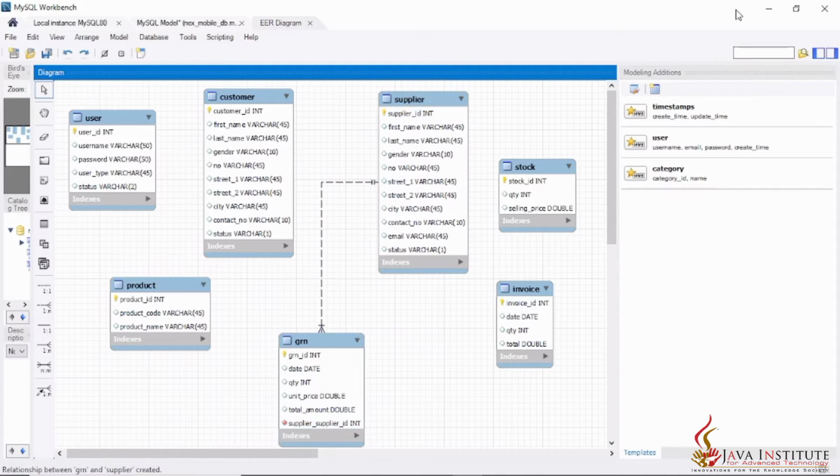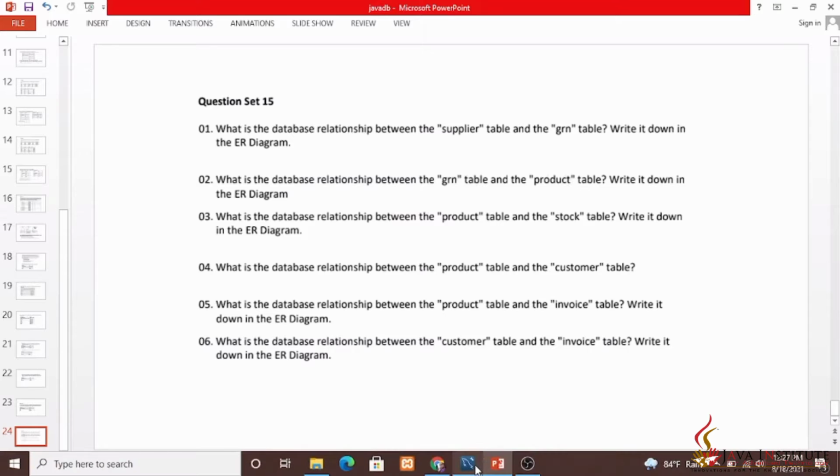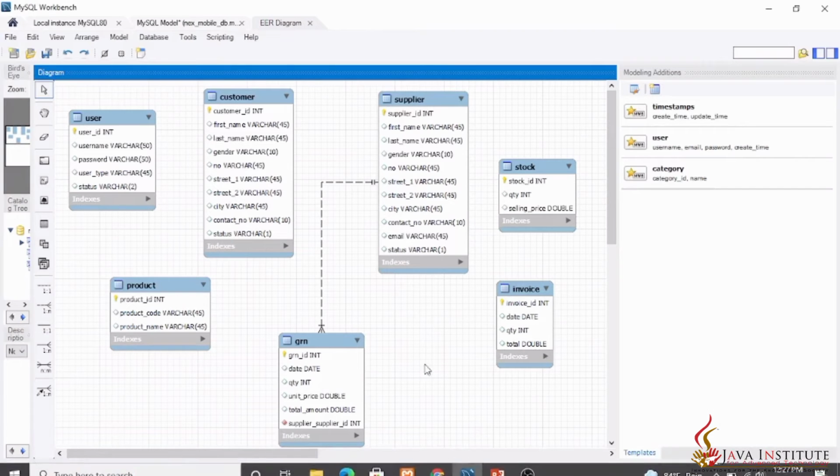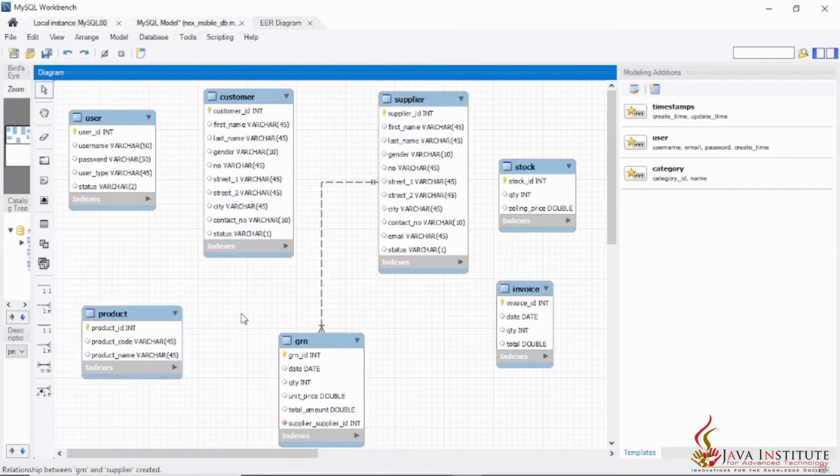So let's look at the next sub-question. What is the database relationship between the GRN table and the product table? Write it down in the ER diagram. Here this is the GRN table and this is the product table. This is the same as before.